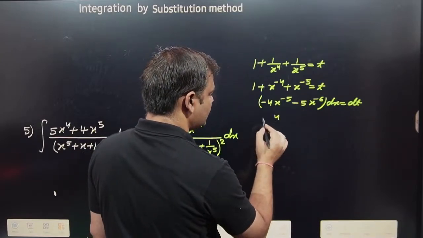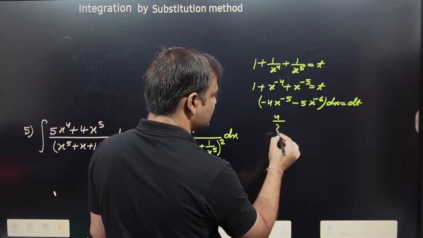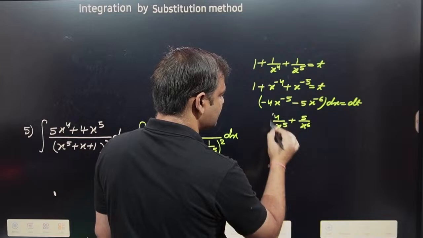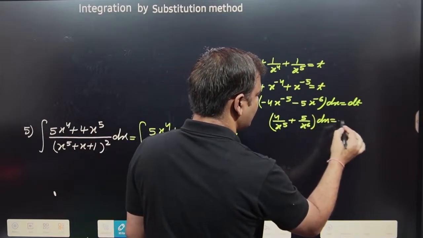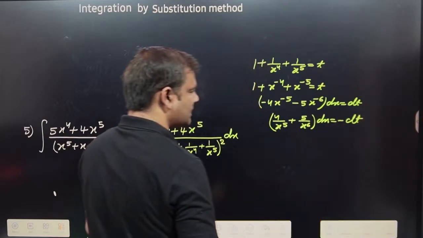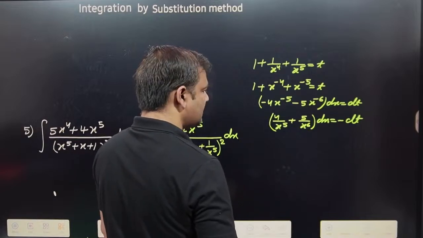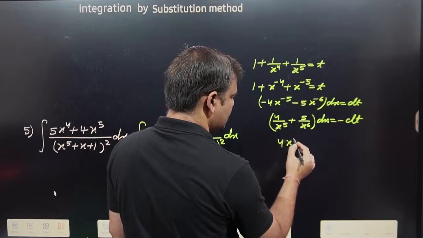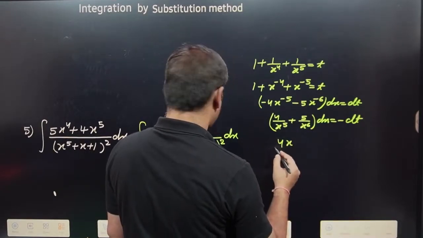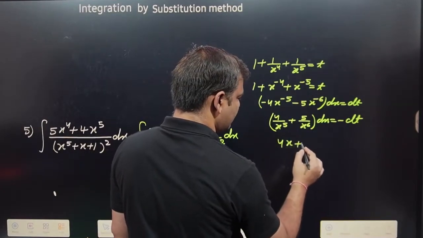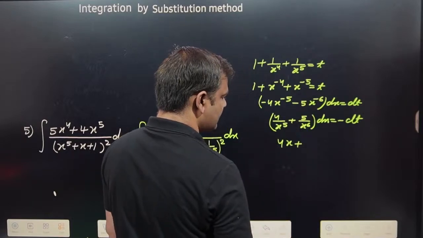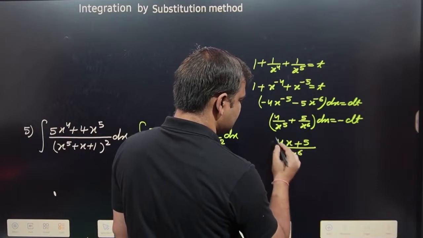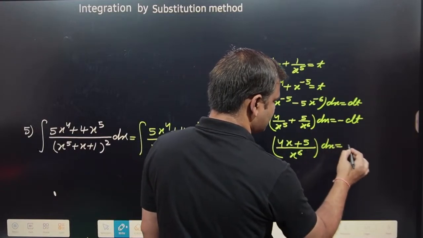So if minus is common, then 4 upon x to power 5 plus 5 upon x to power 6 into dx, this will equal to minus dt. That one written 4 into x to power 5, plus 5 divided by x to power 6 dx, this will be equal to minus dt.